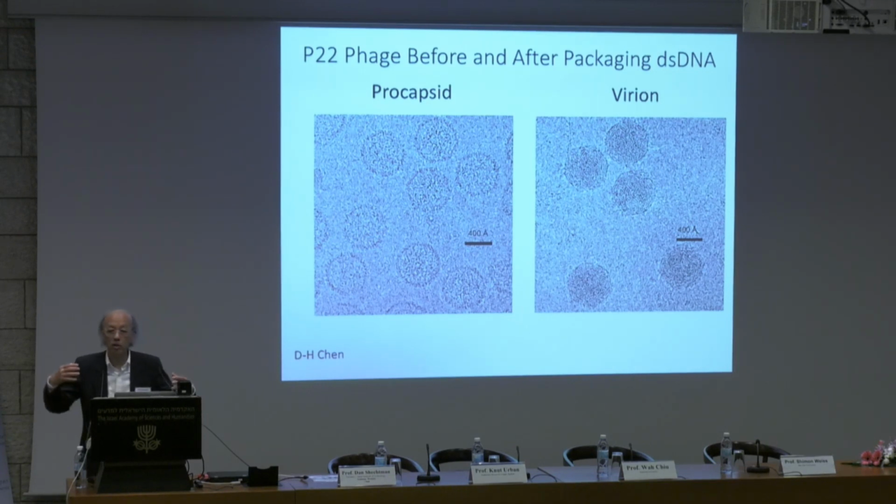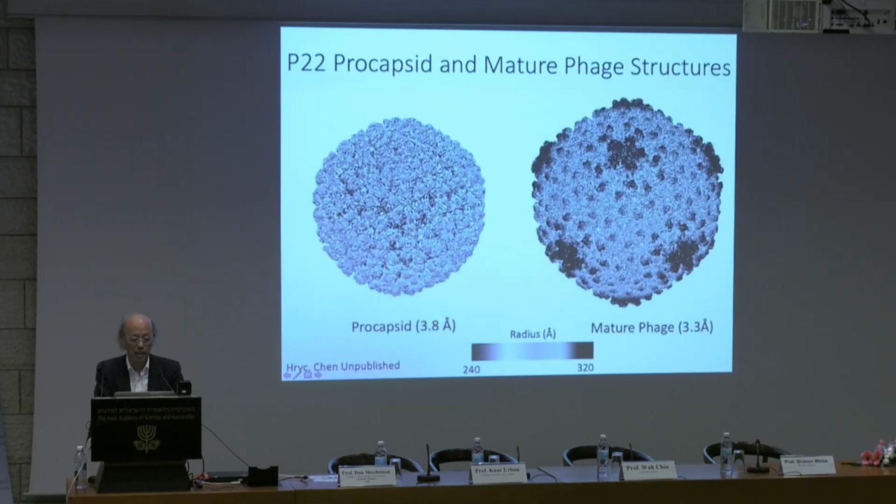Because no detailed chemistry is done, it's basically a mechanical process. So we then did the same experiment, doing the reconstruction from the density like this. So this is the procapsid. We did it at 3.8 angstroms, and as expected, it's much smaller than the mature virion.